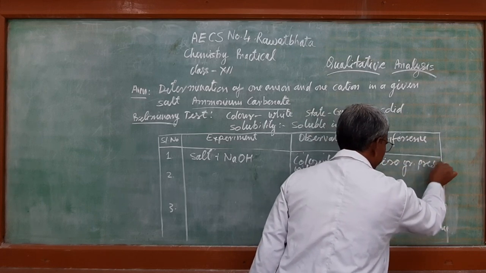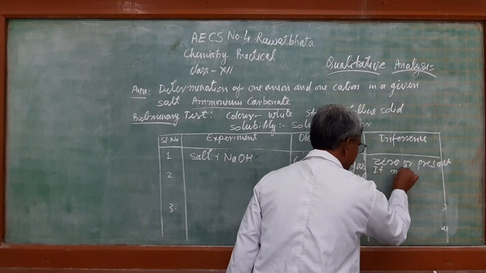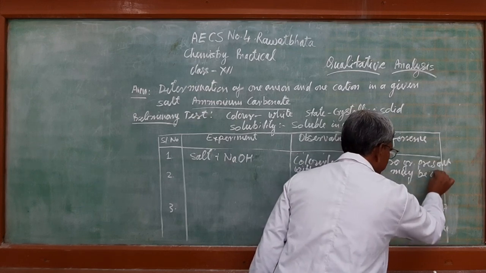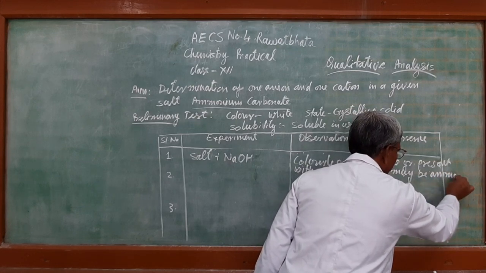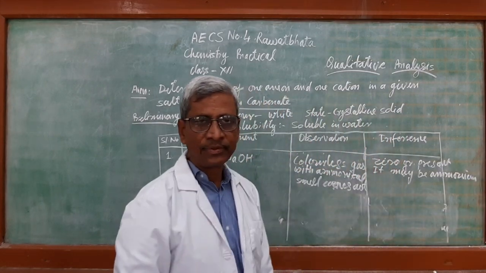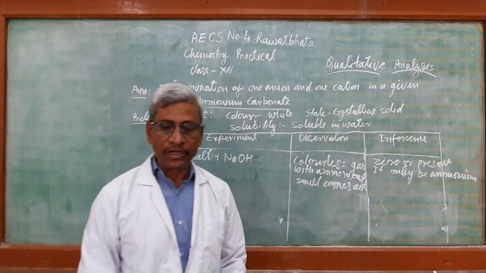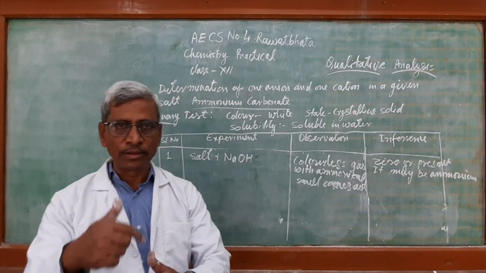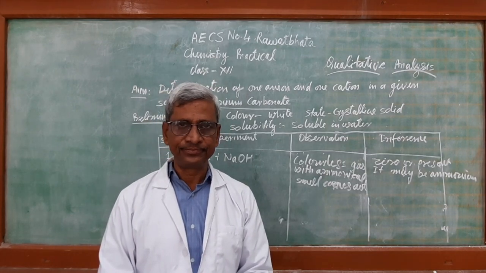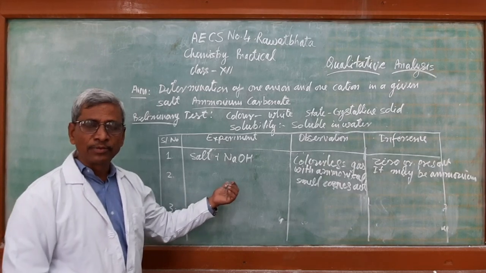Zero group present, it may be ammonium ion. Okay, then next we have to put a glass rod, which is dipped in hydrochloric acid, over the mouth of the test tube.